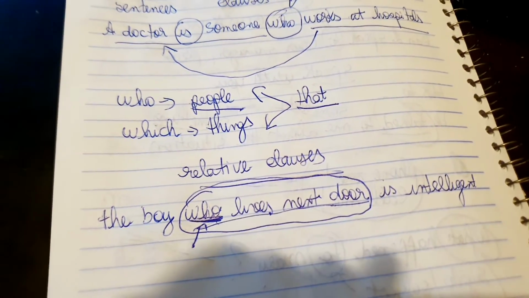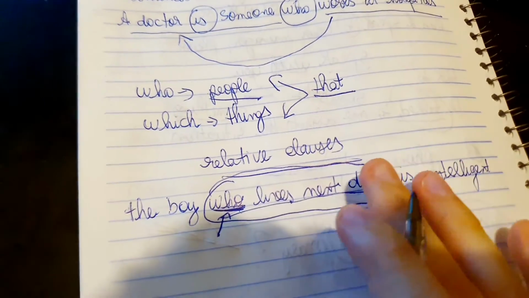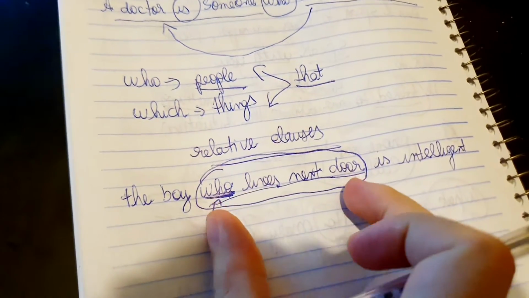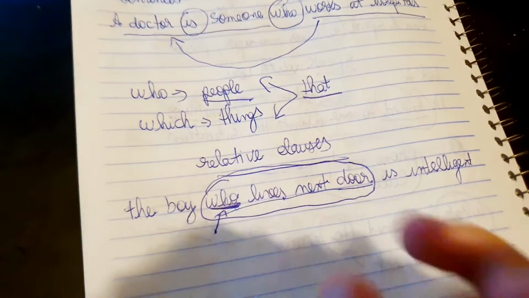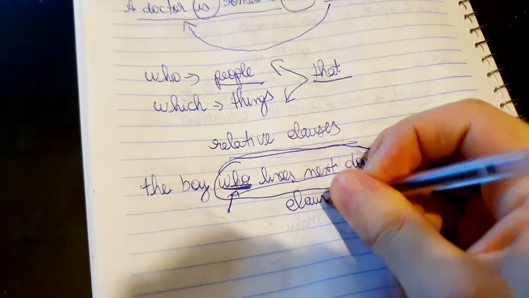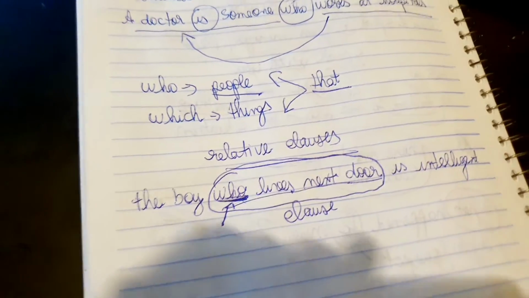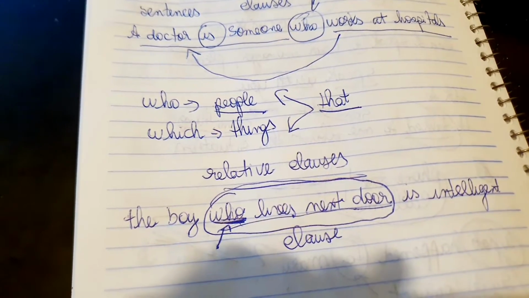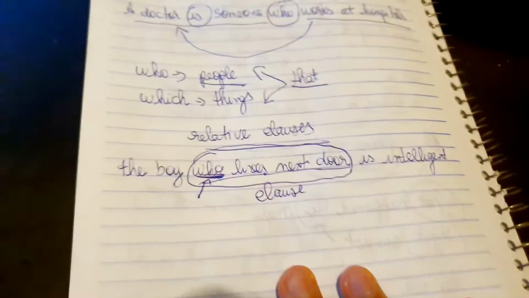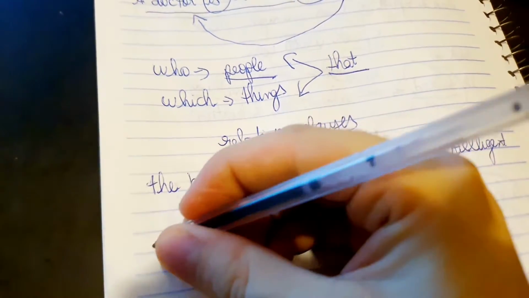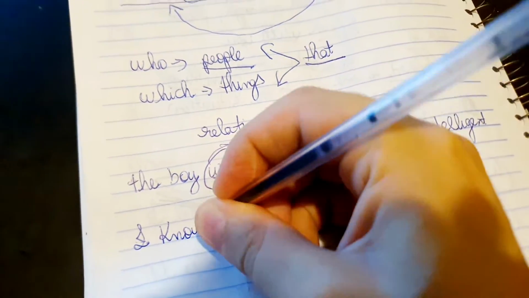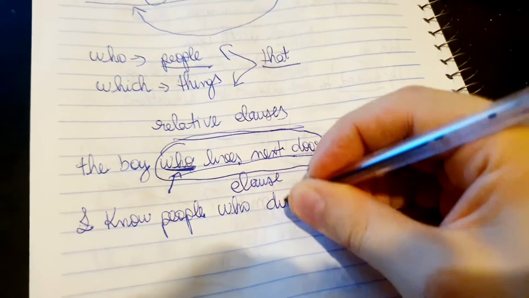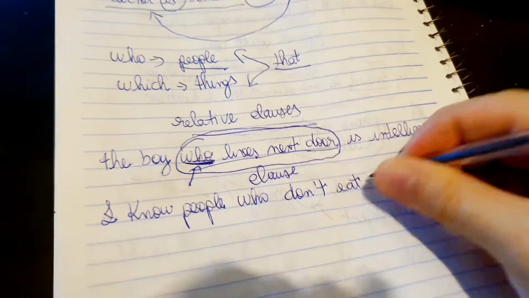There are many different ways. I can use a relative clause in the middle of the sentence. So there is a clause here in the middle of the whole sentence. Or I can use the relative clause at the end of the sentence, depending on the example. I know people who don't eat meat.